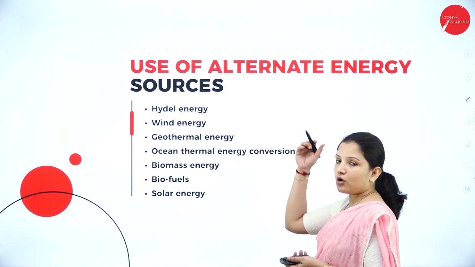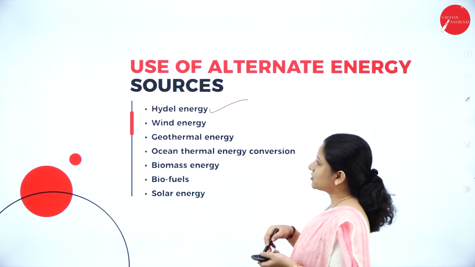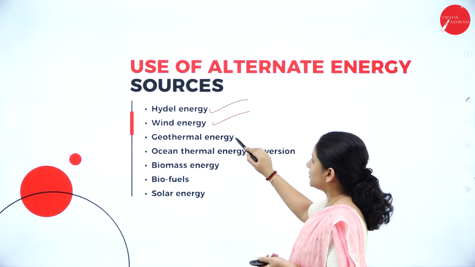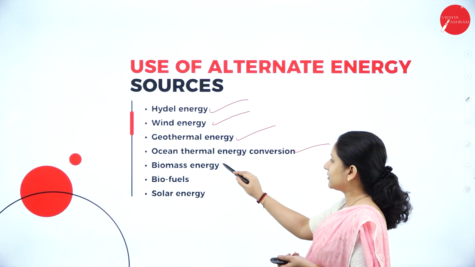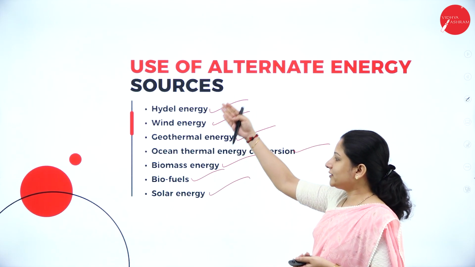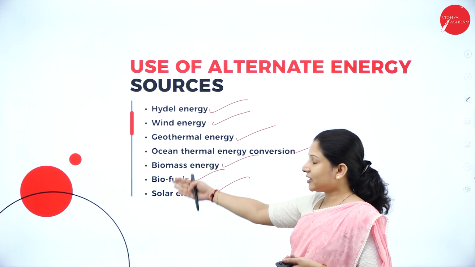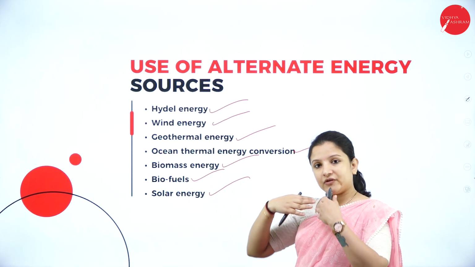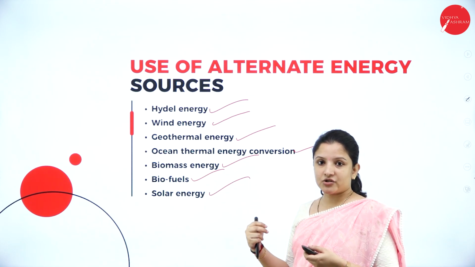There are some alternate energy resources that can be used, such as the hydel energy, the wind energy, the geothermal energy, the ocean thermal energy, then the biomass energy, biofuel, solar energy. All these are renewable energy resources, right? Since these are renewable energy resources which will never get exhausted, why should we go to non-renewable energy resources?